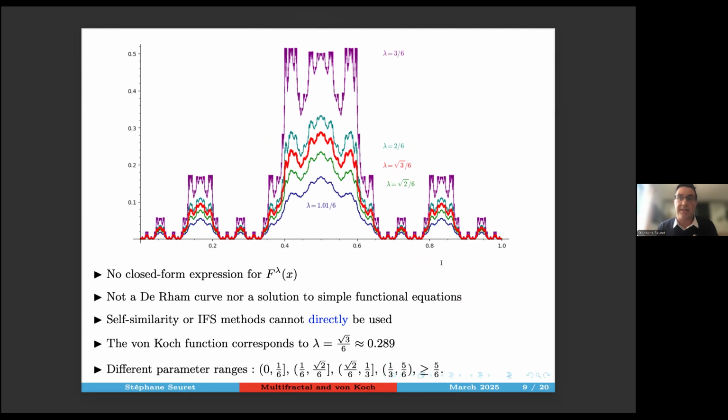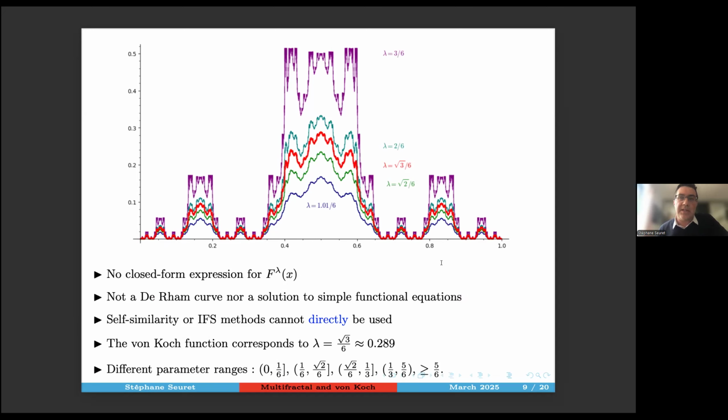You cannot easily write the value of f of x in a direct way. It's not a de Rham curve. It's not a solution to a simple functional equation. It's not self-similar, and so all IFS methods cannot directly be used.